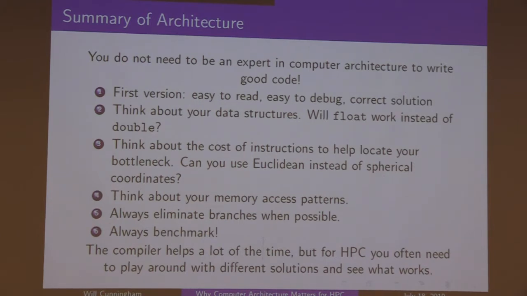So if you need both of those, then you're able to take advantage of that. There are other operations like that as well. You want to think about, for instance, can you use Euclidean instead of spherical coordinates? If you're calculating distances, it's a lot cheaper to do a square root than it is to do arc cosine, for instance. You want to think about your memory access patterns, eliminate branches, and always benchmark, always.